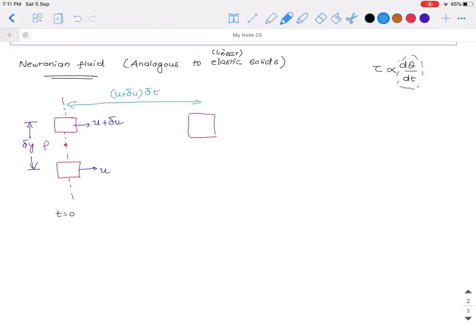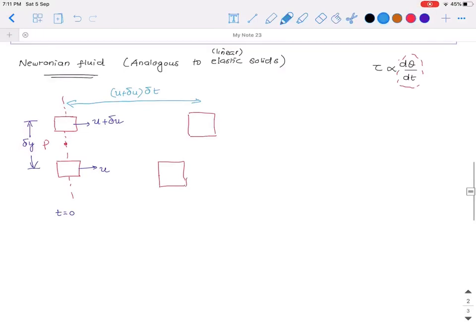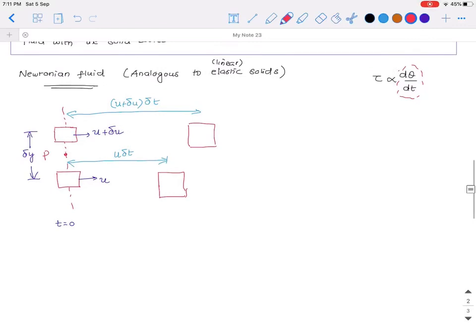And the bottom one would have moved a distance of u times delta t. So this is at t plus delta t.